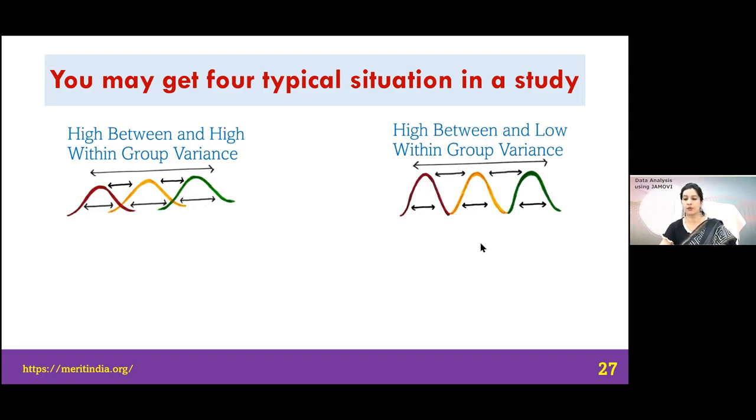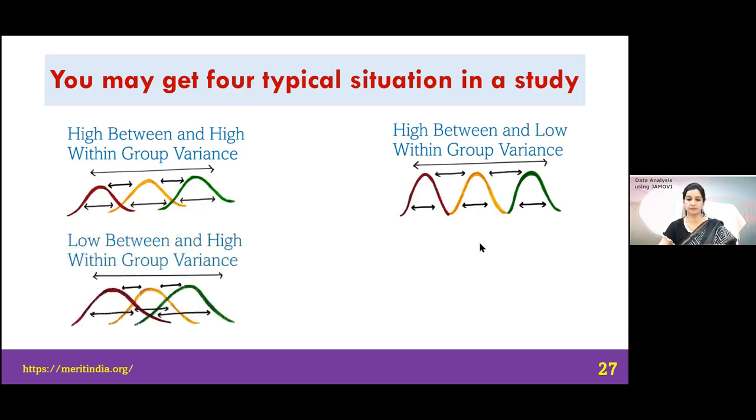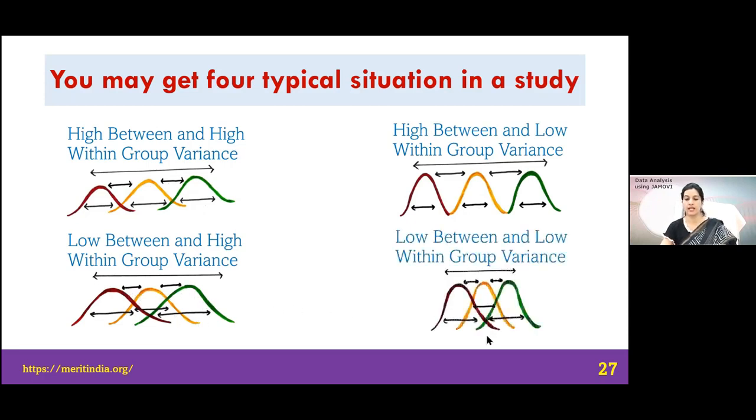This is another example where there is a low between group variance because these are overlapping, so the within group variance is high, but the between group variance is low. And this is another graph where both are low because this is narrow and they are overlapping. So low between group variance and low within group variance.